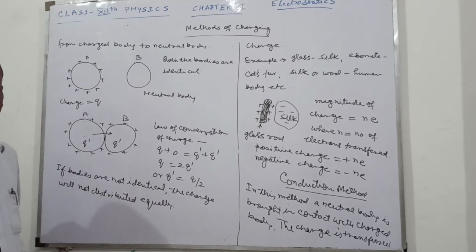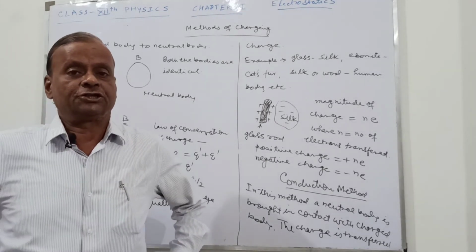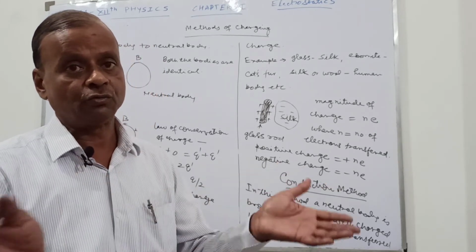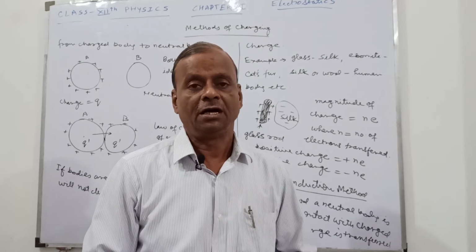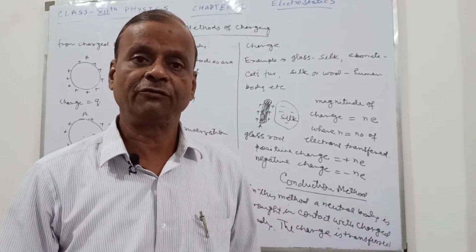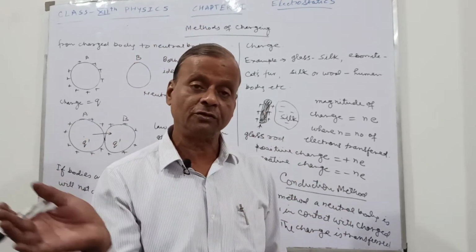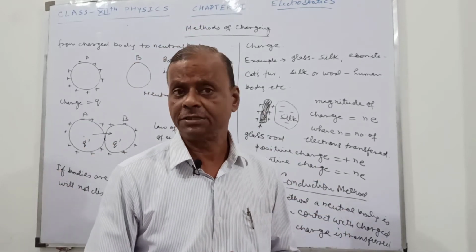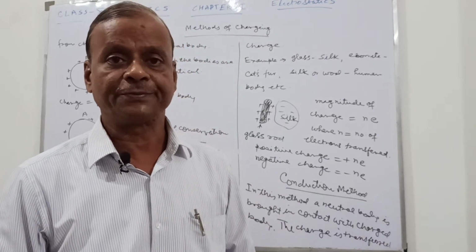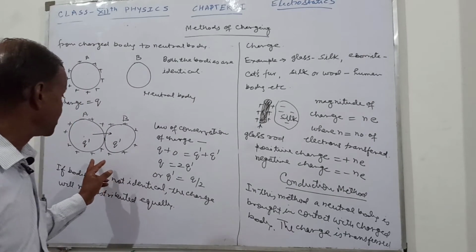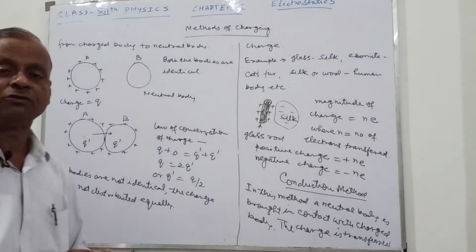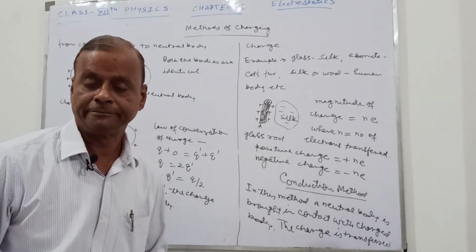This will take place according to the situation that you will study in the chapter on capacitance, that when two non-identical bodies are brought in contact or joined by a conducting wire, there is a redistribution of charge, and this charge is redistributed according to their capacity or capacitance. So when the bodies are identical the charge is equal, but when they are not identical, it is different.